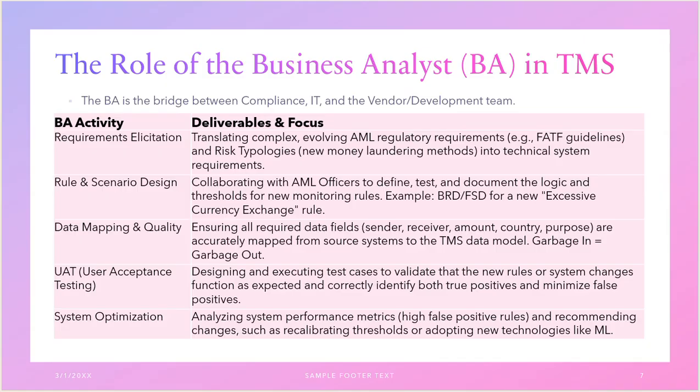So collaborate with the anti-money laundering officers to define, test, and document the logic and thresholds for new monitoring rules. For example, creating the business requirement document and functional requirement document for an excessive currency exchange rule, to define the scenarios of such transactions in the transaction monitoring system. Then data mapping and quality: ensure all required data to feed, like sender, receiver, amount, country, person, are accurately mapped from the source system to the transaction monitoring system and data models.